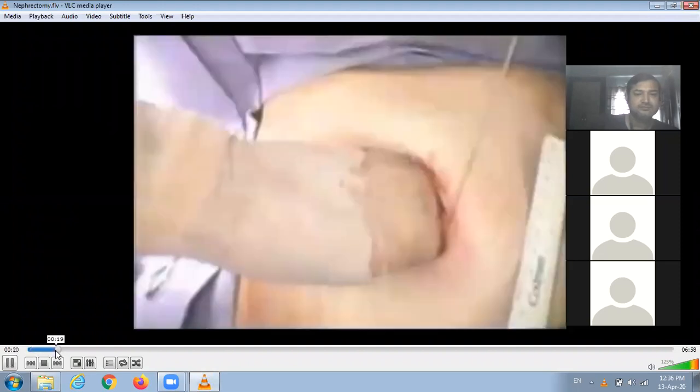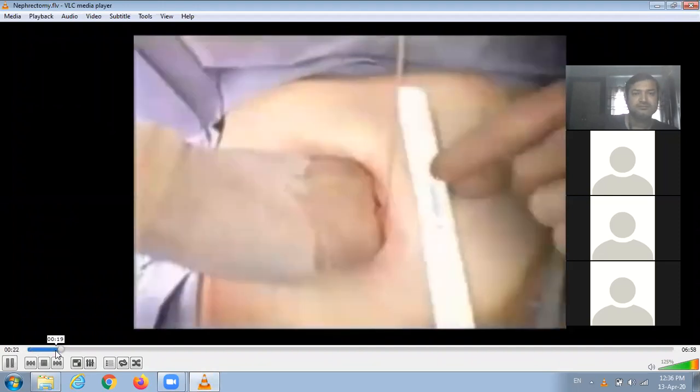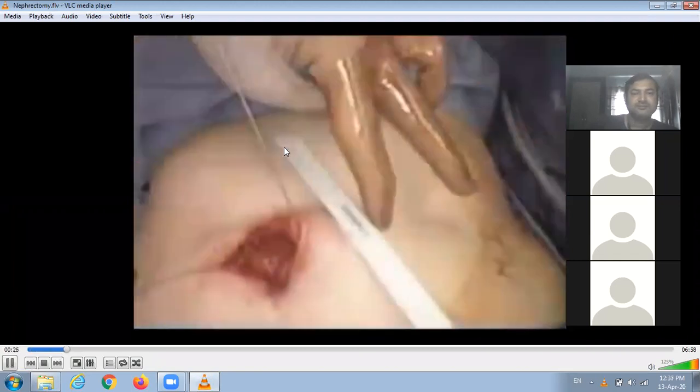Line just above the umbilicus. The working ports and camera ports are placed lateral to the hand incision. This is about the nephrectomy. This is totally regarding the surgery, but just to know where it is situated and how it works.